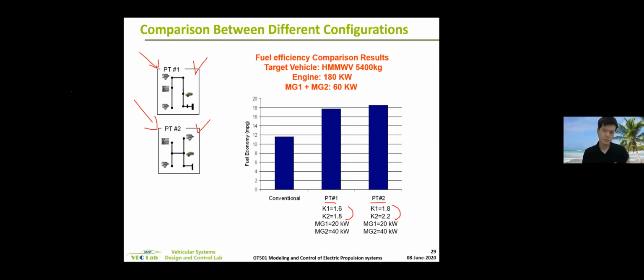If you compare architecture A with B with one fixed controller, then it's not a fair comparison. Or if you fix the gear ratio, then it's not a fair comparison, right? Maybe powertrain 1 is optimized, but powertrain 2 was not optimized. So to have a fair comparison, you need to optimize both, right?